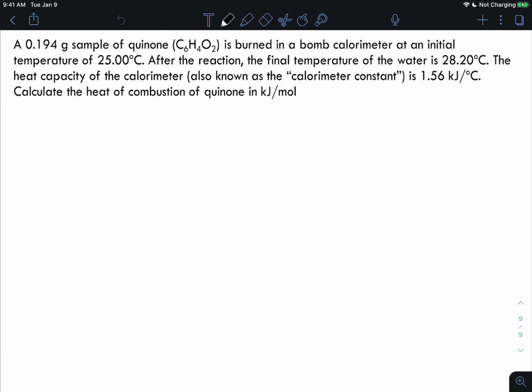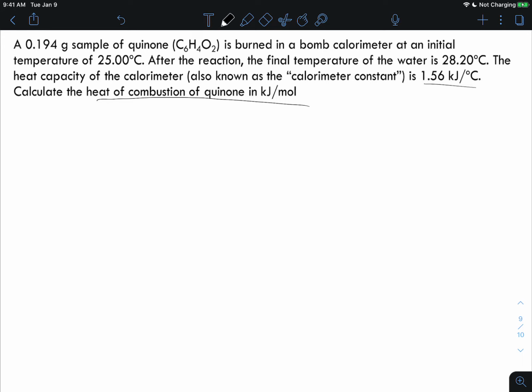So let's try an example. So we have 0.194 grams of quinone in a bomb calorimeter. The initial temperature of the water within that calorimeter is 25 degrees Celsius, and after the reaction, the final temperature is 28.20 degrees Celsius. Assuming that the heat capacity or calorimeter constant that was gotten using a standard is 1.56 kilojoules per degree Celsius, we want to calculate the heat of combustion of quinone in kilojoules per mole.